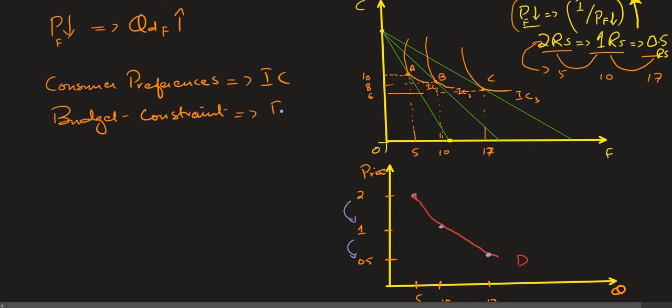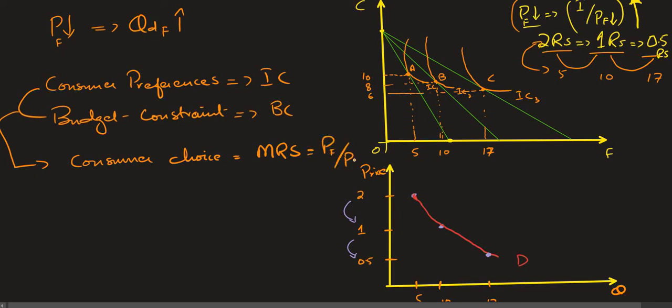After joining these two concepts, what we got is consumer choice. Consumer choice is a state where the marginal rate of substitution is equal to the price ratio, which in our case was PF over PC.